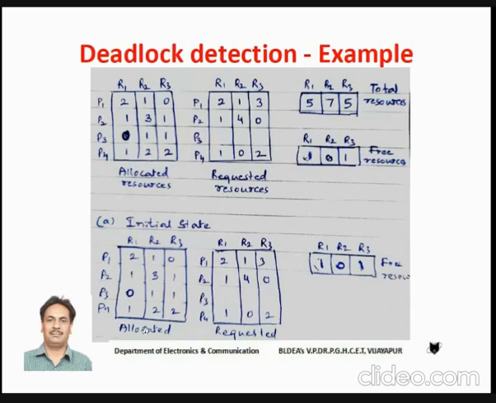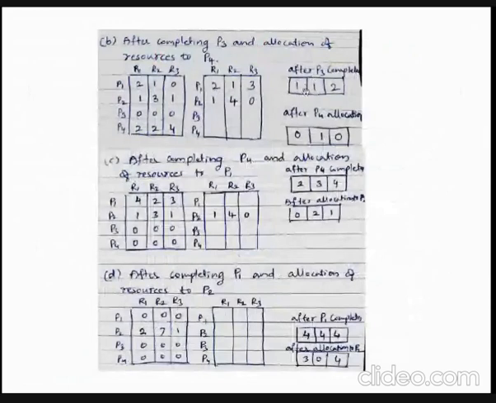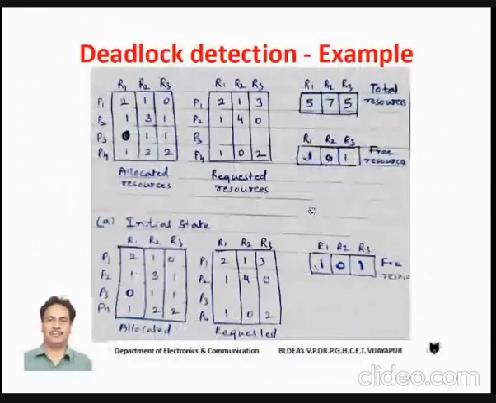If you look at the requested resources, you can just go on testing from P1 to P4. If you check the requested resources of P1, it requires 2, 1, 3, which cannot be satisfied with 1, 1, 2, right? Then P2 requires 1, 4, 0. We cannot satisfy that with 1, 1, 2 either. But if you consider P4, its requirement is 1, 0, 2.